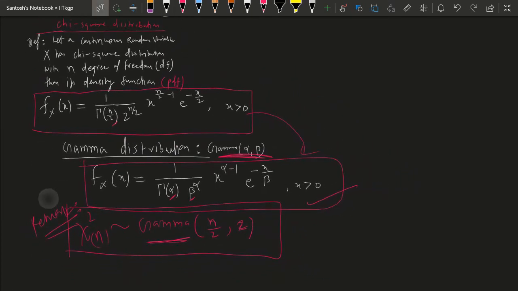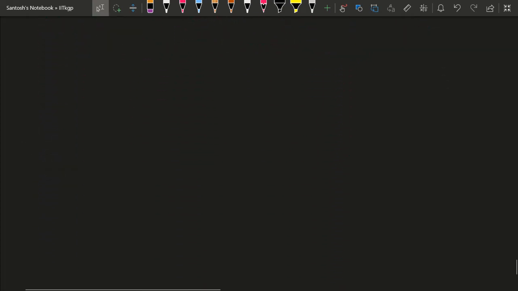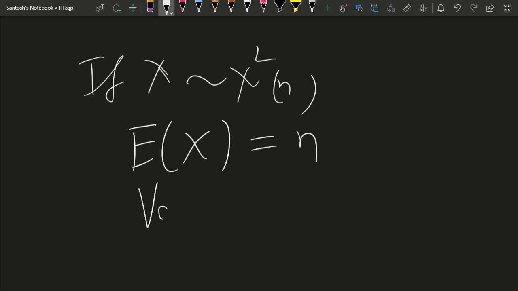Now in case of chi-square distribution, if x has a distribution chi-square n, then you can remember mean of x is n and variance of x is 2n. Okay, this you can remember.